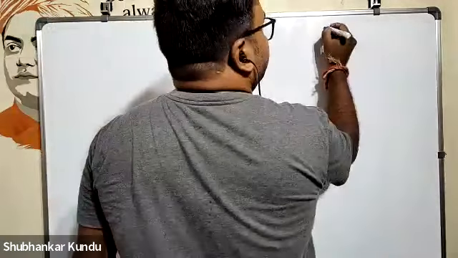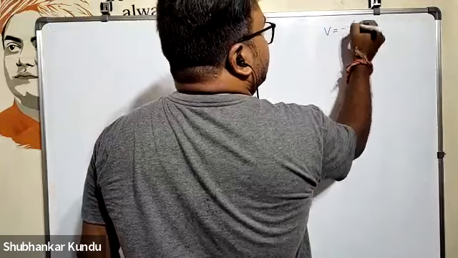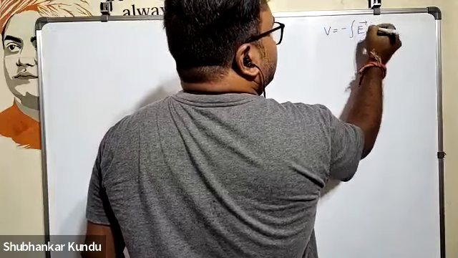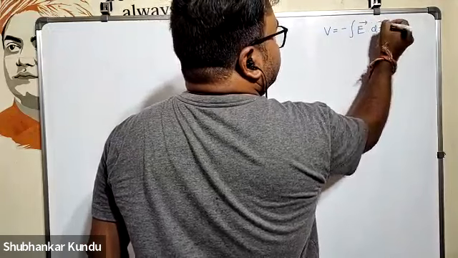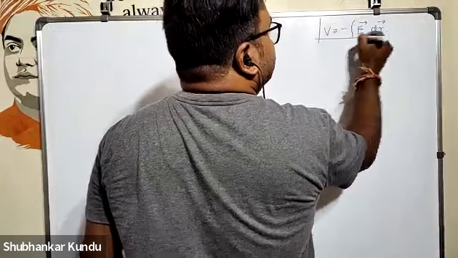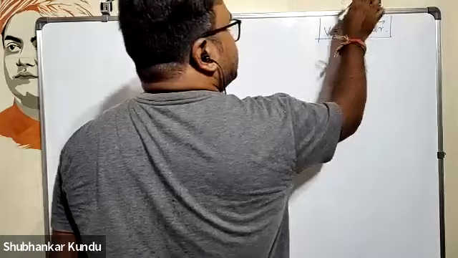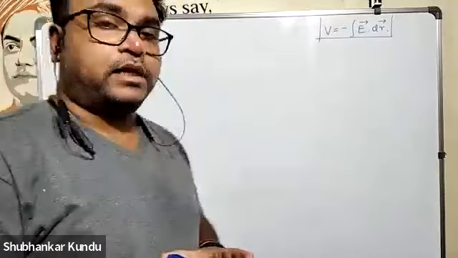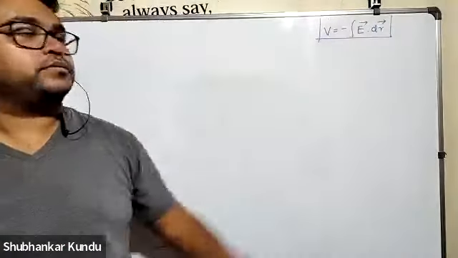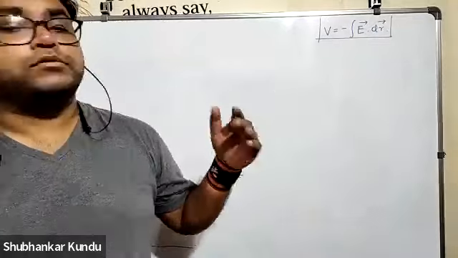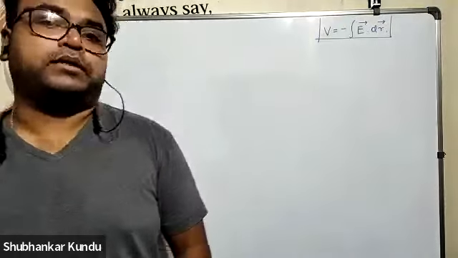So delta V is equal to negative E dot dr. Bas, done. A single relation between electric field and potential. Use it anywhere. Just don't forget to put the limits here.